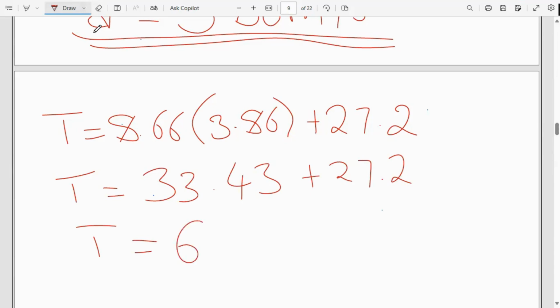Our tension in the string will be equal to 60.63 newtons.